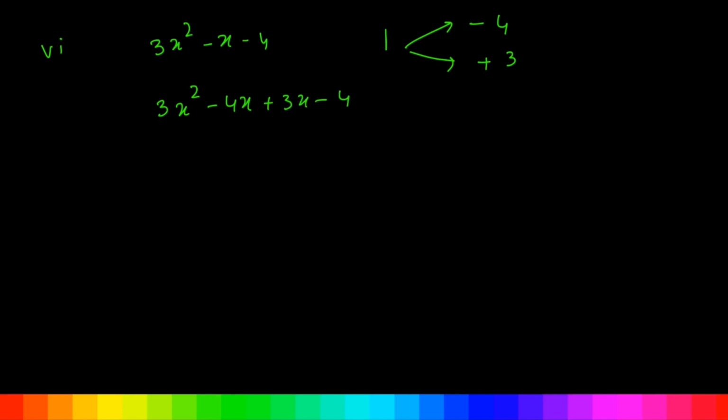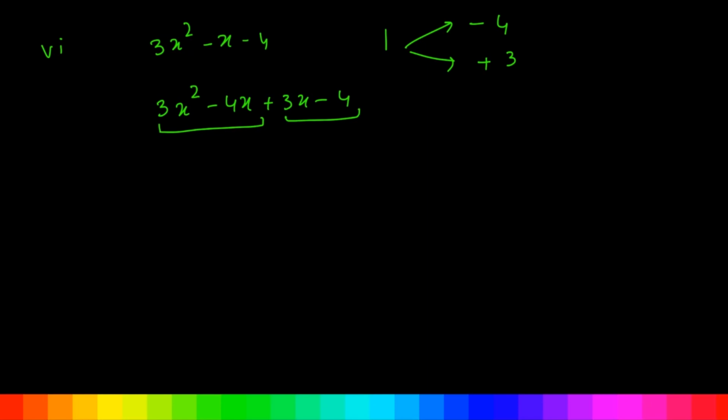Part 6, 3x square minus x minus 4. So the middle term is minus 1, which will be split into minus 4 and plus 3. We will rewrite this as 3x square minus 4x plus 3x minus 4.